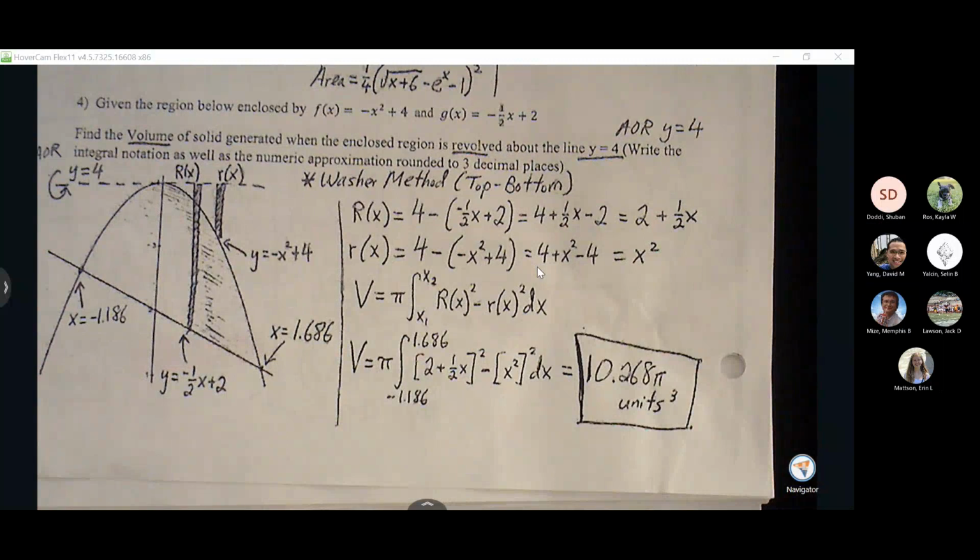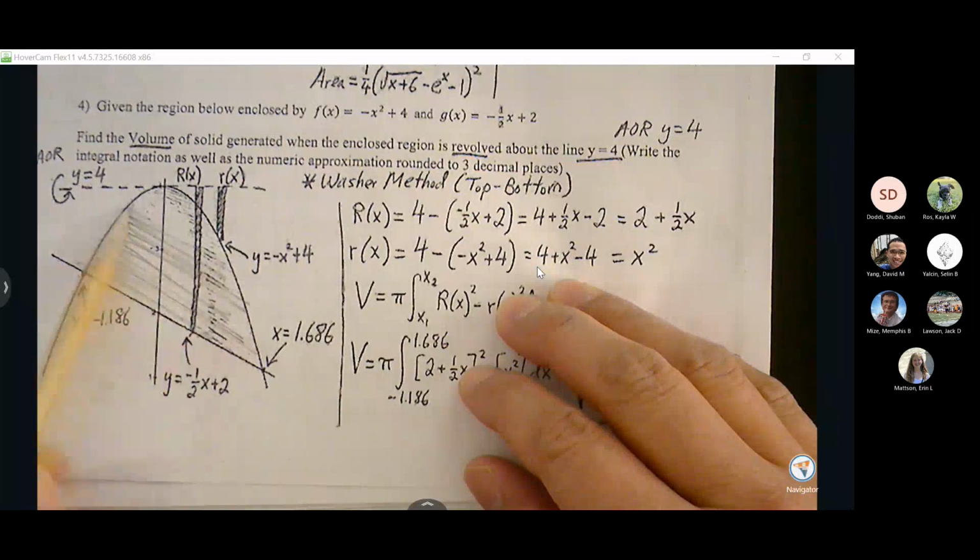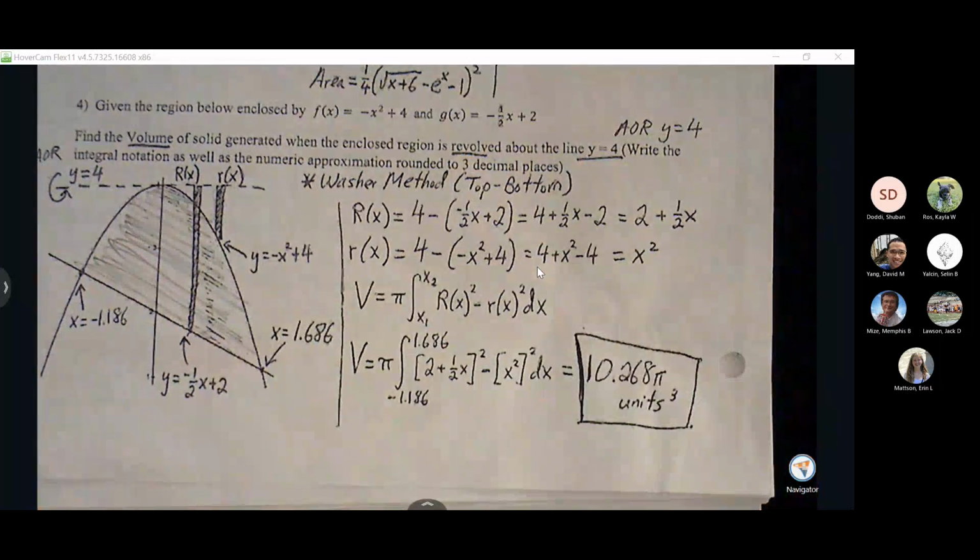Units cubed. All right, let me know if you have any individual questions.